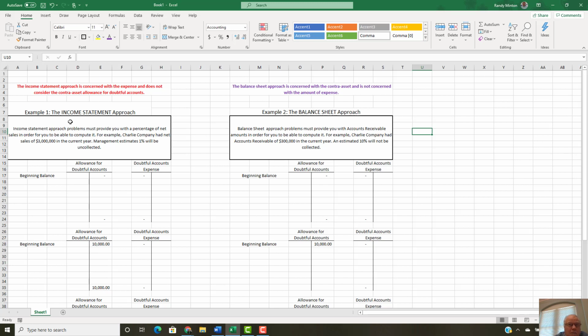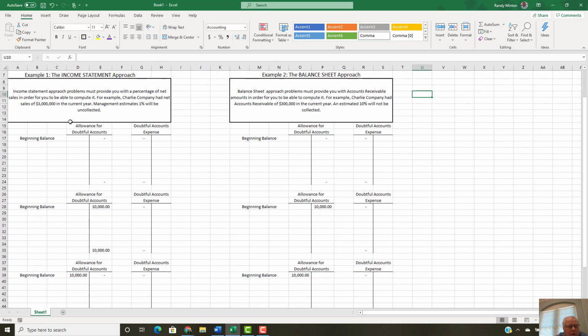So they never say, well, I'm going to use the balance sheet approach or the income statement approach. They just simply tell you that you have net sales involved or you have accounts receivable. If you have accounts receivable, of course, you're talking about the balance sheet approach.